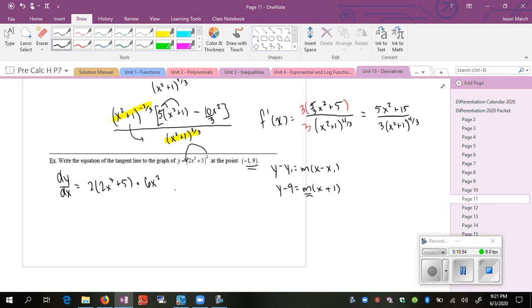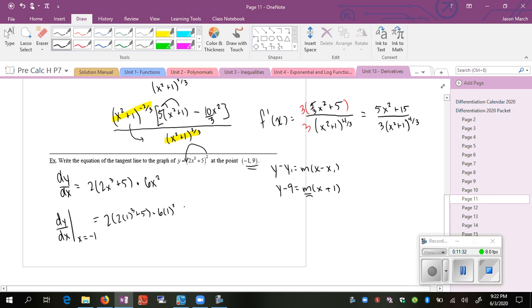Now we want to know the dy dx at the point. So we do notation for that. We're using dy dx instead of function notation, so we write dy dx with this vertical line, and specifically we want to know it at the x value of -1. The reason I emphasize the x value is that the expression we had has x's only in it. If I now plug in -1, we get 2 times (2 times -1 cubed plus 5) times 6 times -1 squared.